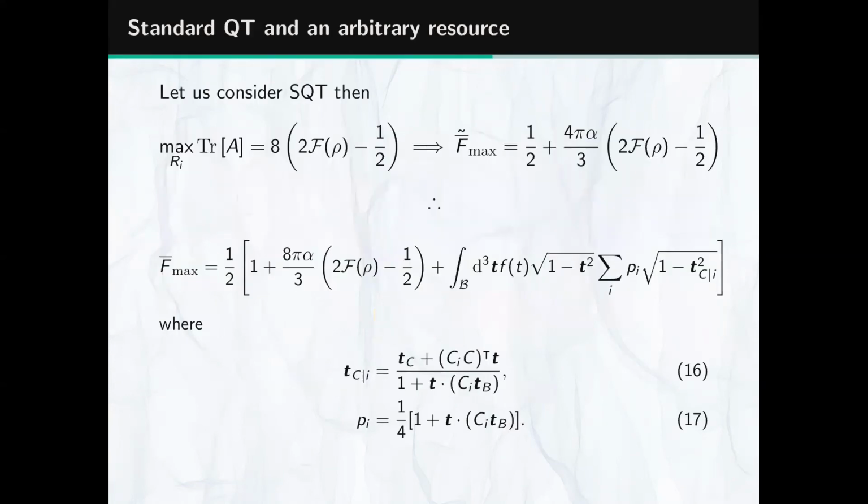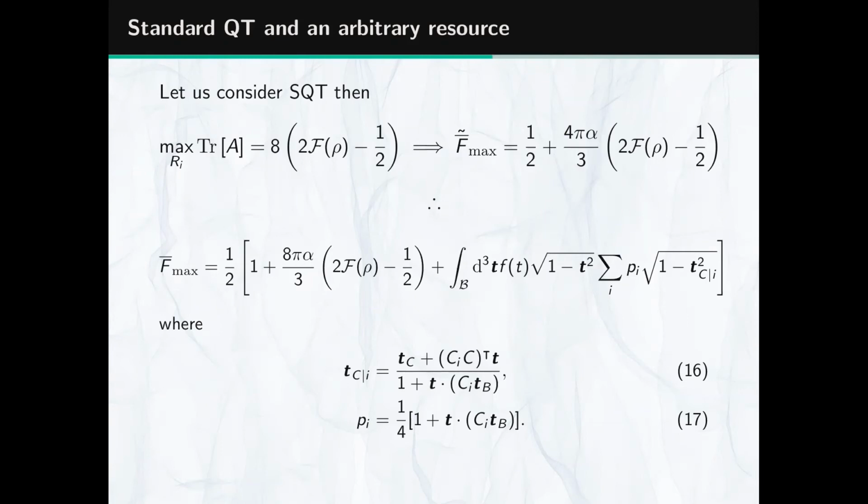Let us consider, for example, a standard quantum teleportation. In standard quantum teleportation, our measurement is a projection onto the Bell states. And we use this result that states the value of your score, depending on the fully entangled fraction.